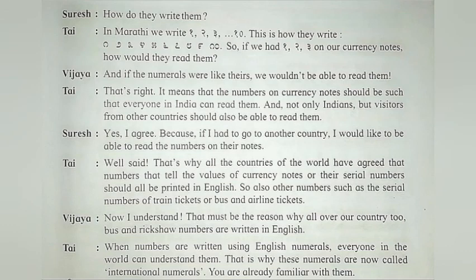Vijaya: Now I understand there must be a reason why in our country too, bus and auto numbers are written in English. Tai: When numbers are written using English numerals, everyone in the world can understand them. That is why these numerals are also known as international numerals. You are already familiar with them.